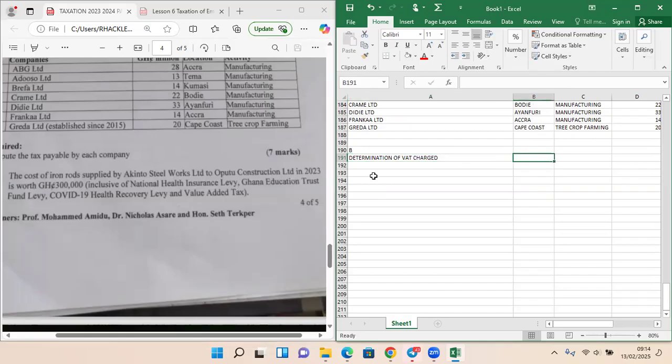So it is going to be 12.5 over 112.5 times the 300,000, right?